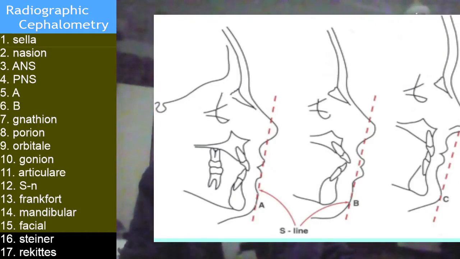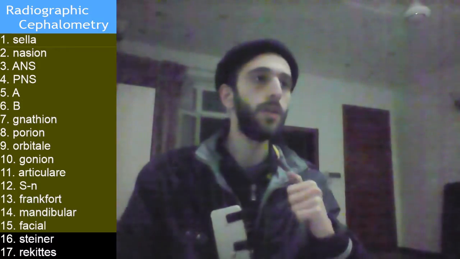Next line is the Steiner line. The Steiner line is the line that touches both lips, between the nasion and the pogonion, almost between them.